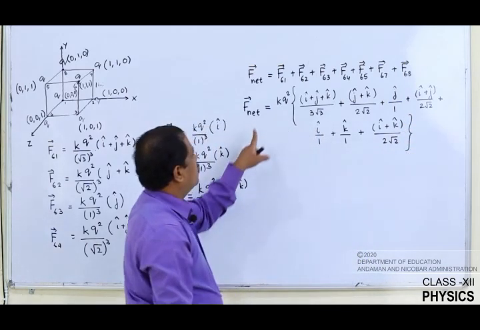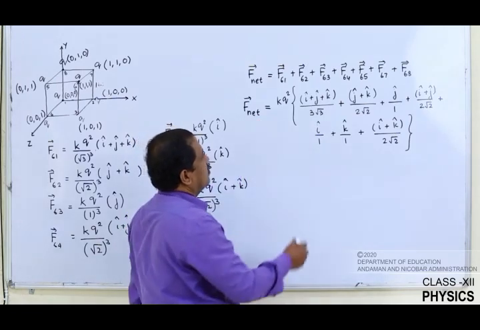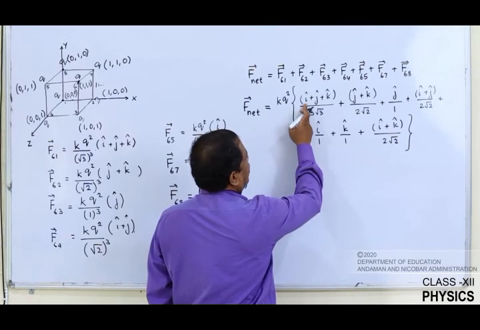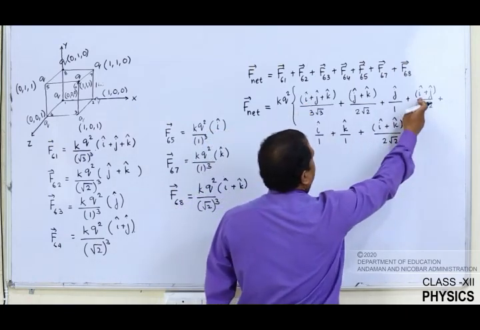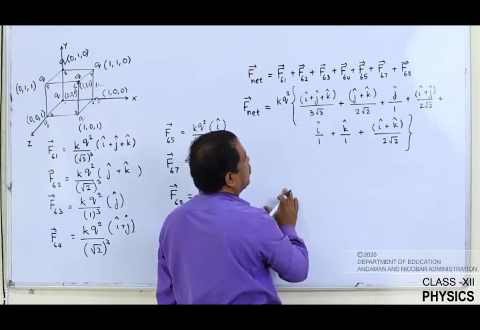Now, to calculate the F net, further we can separate. See, i cap and i cap, we can sum it separately.